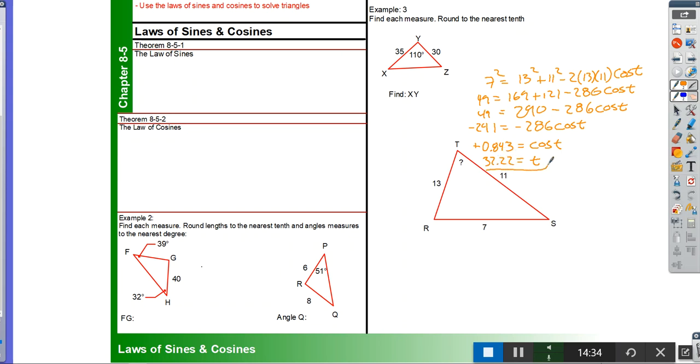Now, the answer key has 33. Why is that? I'll tell you why that is. The reason being I rounded when I plugged this in. So it is important to try to keep as many significant decimal places as possible while you're doing these problems.